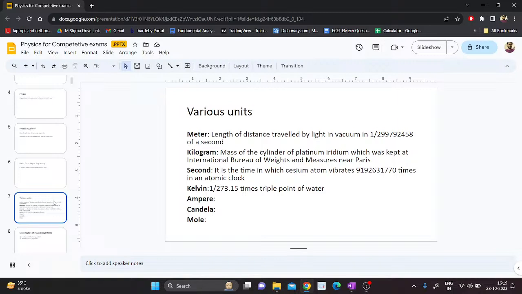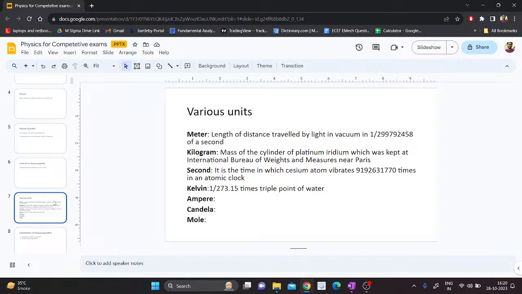So 1 second, you can understand how small it is. So whatever is the distance the light can travel within 1 by 3 into 10 power 8. 3 into 10 power 8 means, if it is 3 into 10 power of 5, it is 3 lakhs basically. 10 power of 8 means 3000 lakhs. 1 by 3000 lakhs means 1 by 30 crore part of a second is a time.